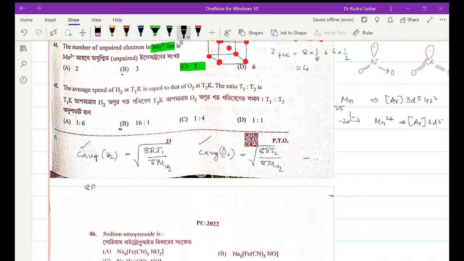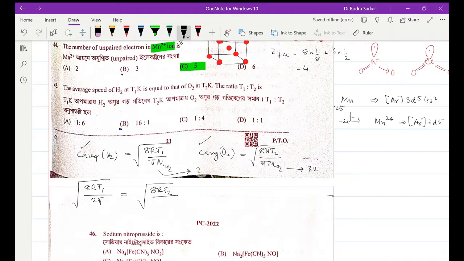So what we will do, 8R T1 by pi, so this is basically 2 pi, because the value of mH2 is 2, and 8RT2, this is 32.